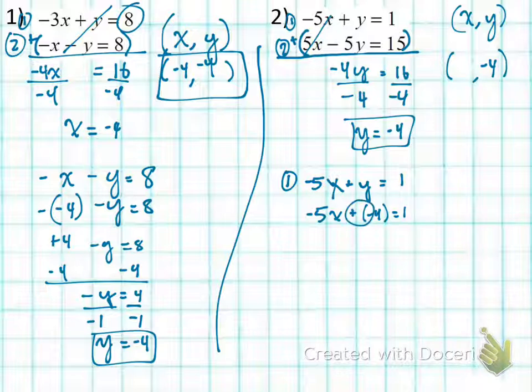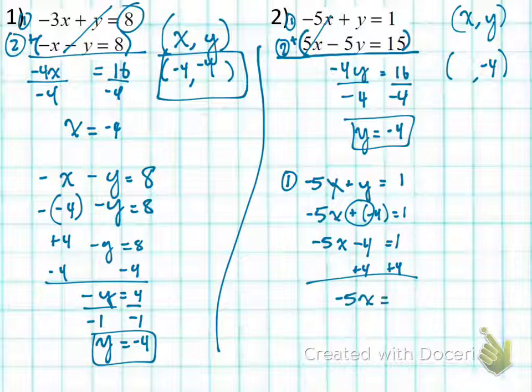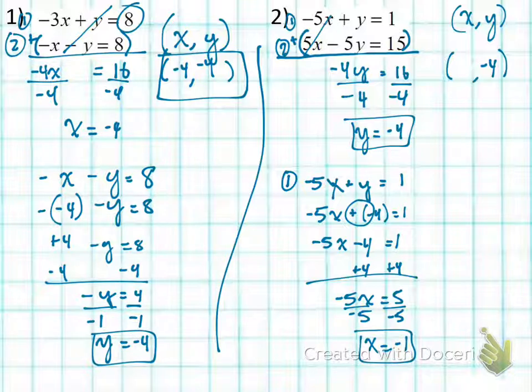Positive and negative here is minus, so we got negative 5x minus 4 is equal to 1. Add 4 to both sides. We get negative 5x is equal to 5. Divide both sides by negative 5, and we get x is equal to negative 1. So that means our answer, or the point where the lines cross, is negative 1, negative 4.